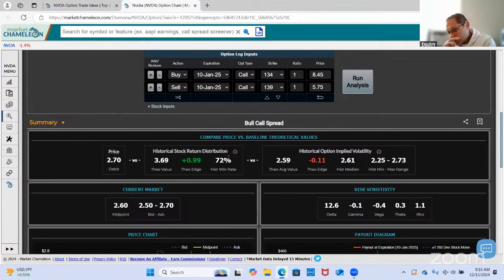There's another way we could analyze it. Instead of looking at the stock behavior, we could look at how similar options were priced in the market under these similar circumstances, right?